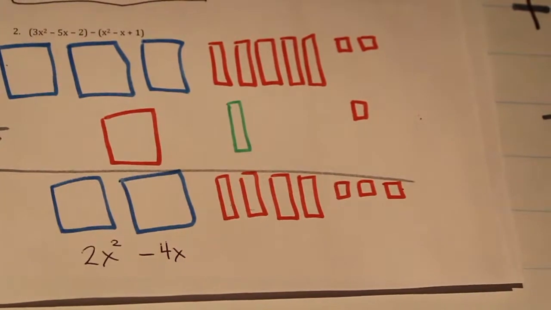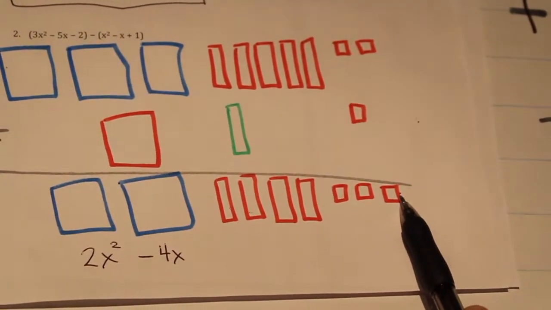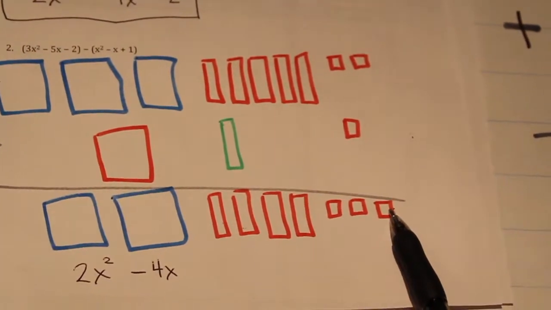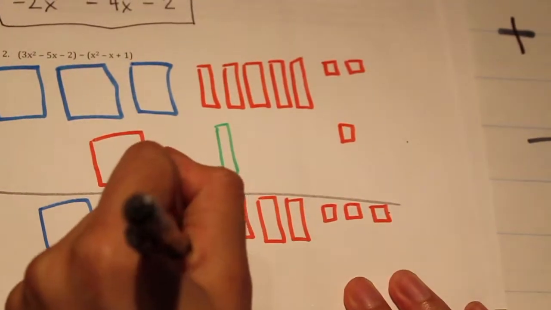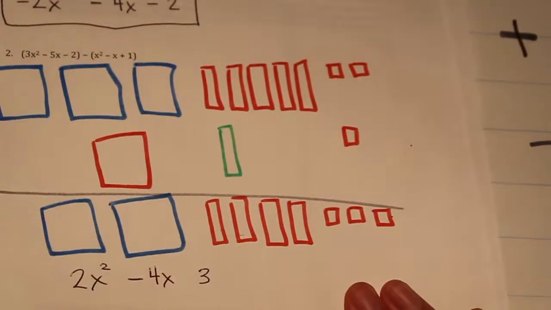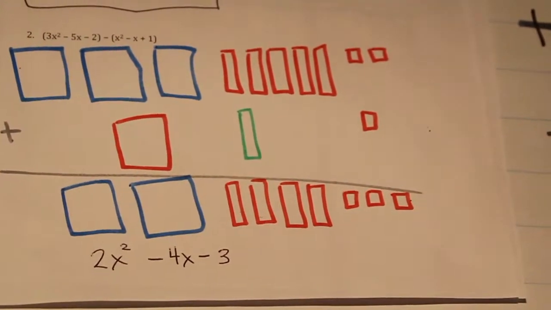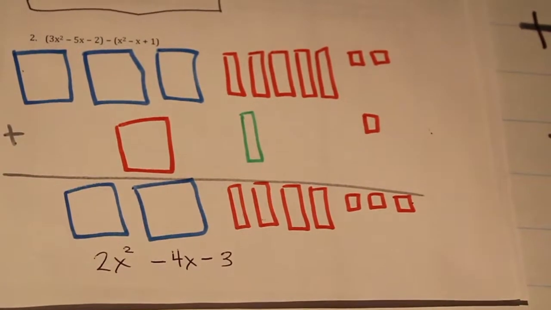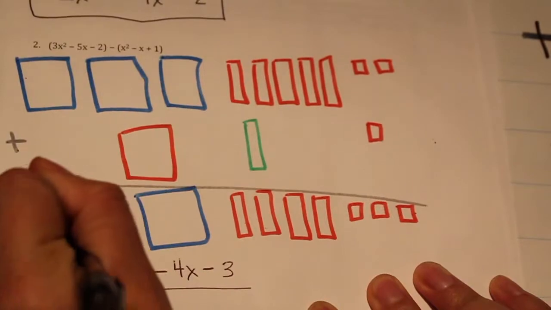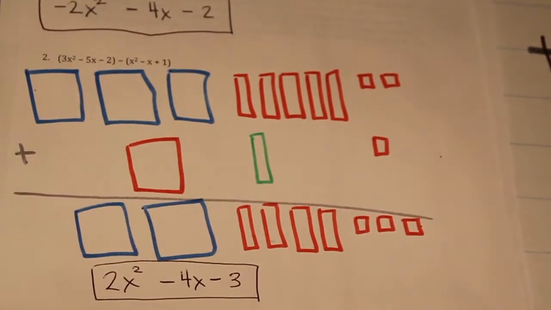Then we have 3 small squares, and the small squares represent a 1, so if there's 3, we say 3. And because they're red, we need to put a minus in front of it. Now we just need to box in our answer. Any questions?